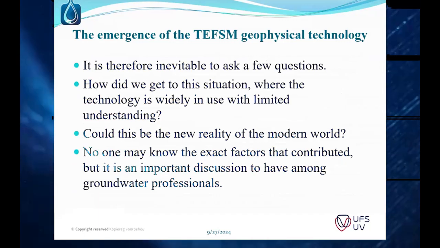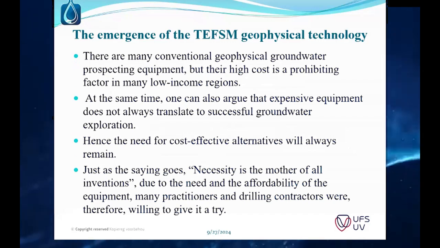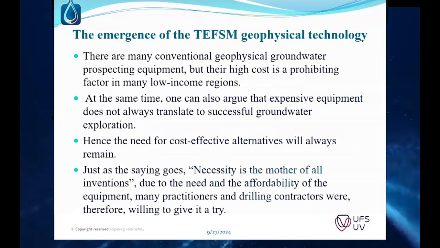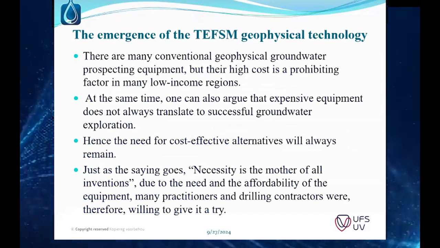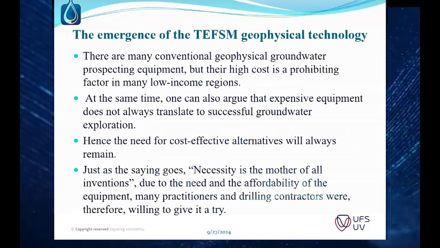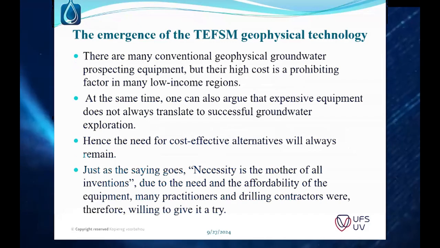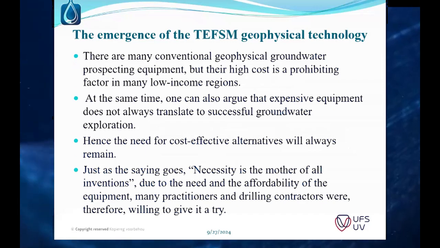I think, just to give perspective, the reasons why we have this situation whereby there's a new technology widely adopted, but still it's a mystery how it works. There are so many people who are using it with good success to locate groundwater, to locate water sources, but with very limited understanding. One of the reasons probably is that we have many standard methods, but the high cost of these methods is a problem.